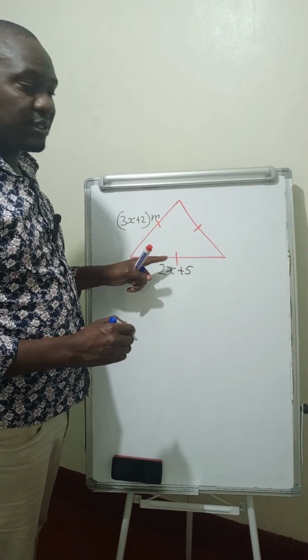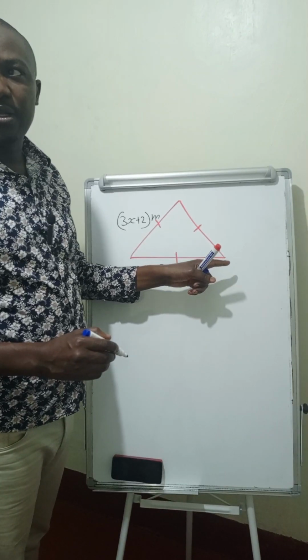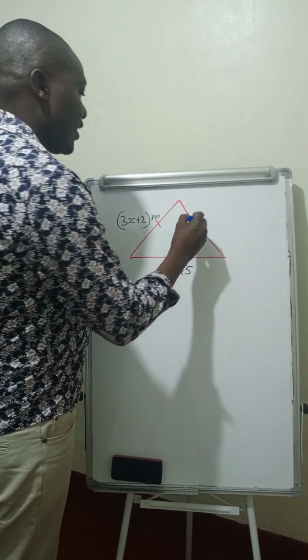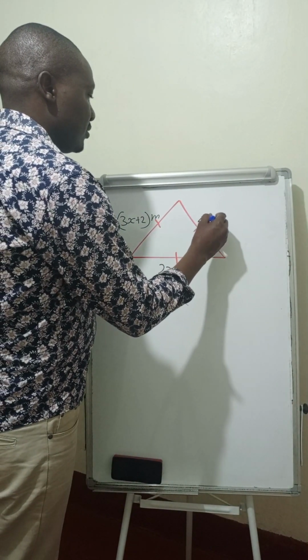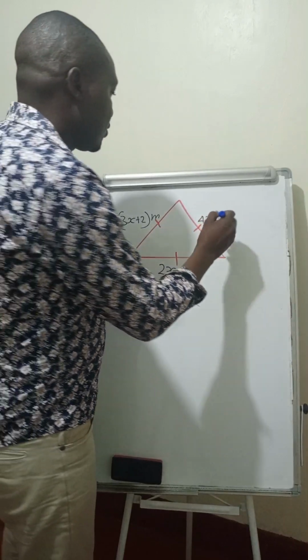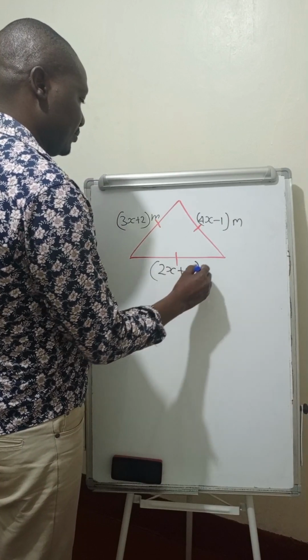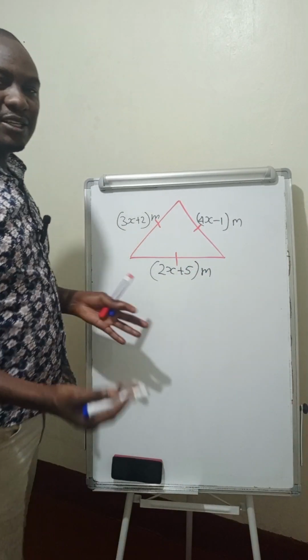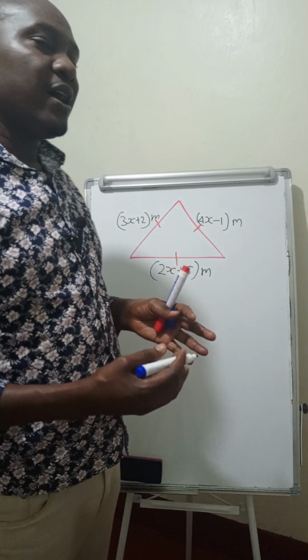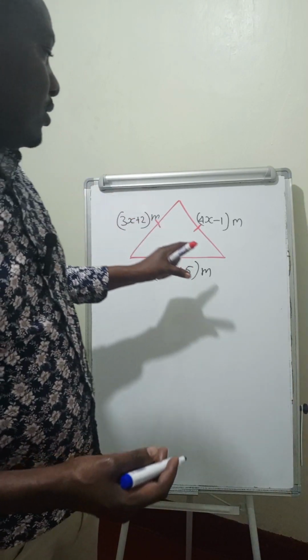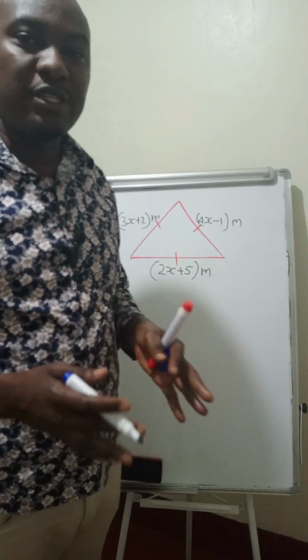Are you here, my learners? Then this side we can give as 4x minus 1 meters. See, there's one thing here. I've said that this type of triangle is an equilateral triangle.